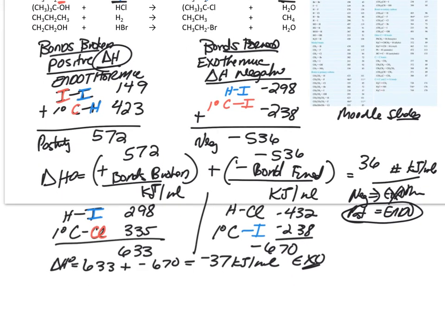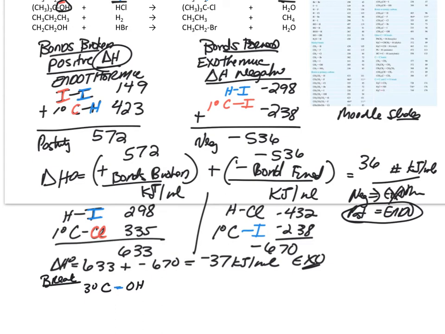The next reaction we have, we are breaking the OH bond here. So we're going to break that. Now we've got to look, that is a tertiary carbon OH bond.